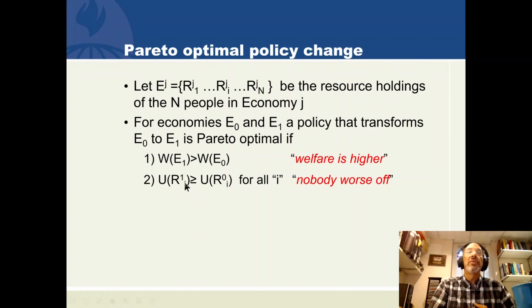So you take anybody's holdings, ask them, are you better off? And that must be greater than or equal to where they were before. And it has to apply to everybody in this economy. Nobody can be made worse off in Pareto optimality. So those are the 2 conditions in notation to tell us when we have achieved a Pareto optimal policy change.